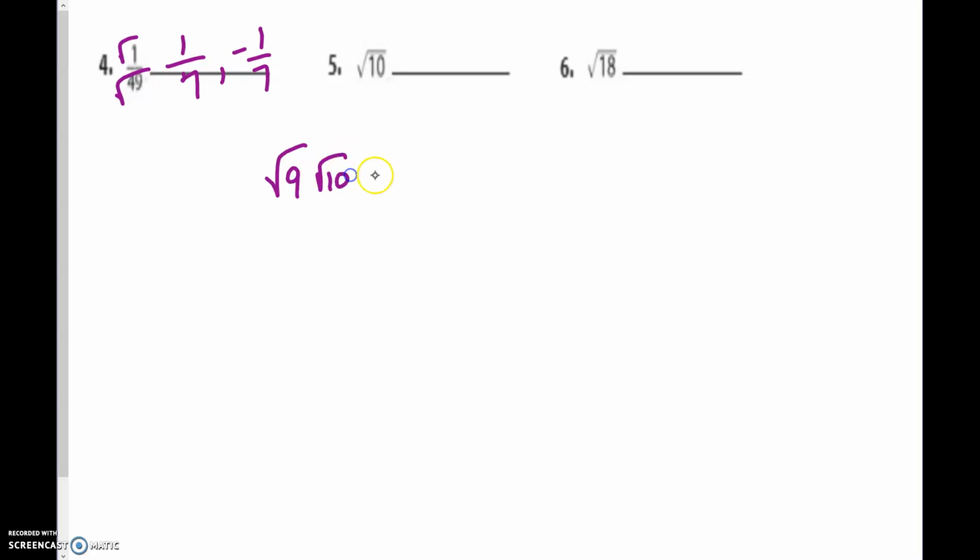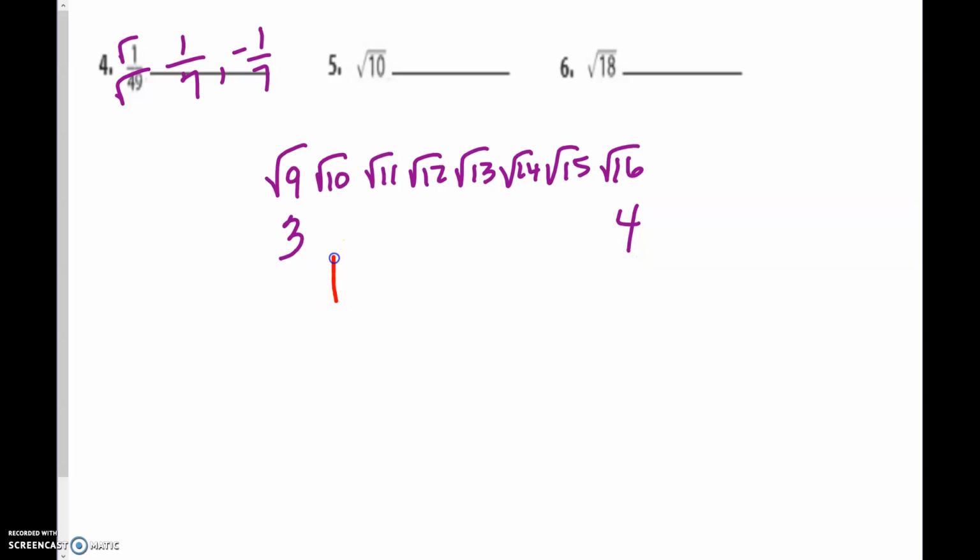All right, the square root of 10. I'm going to count up here: 14, 15, 16. The square root of 9 is 3, and the square root of 16 is 4. If we look at the square root of 10, it is between these, and this right here would be the decimal value of 3.5.